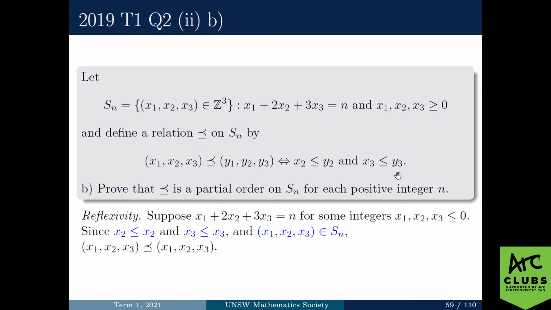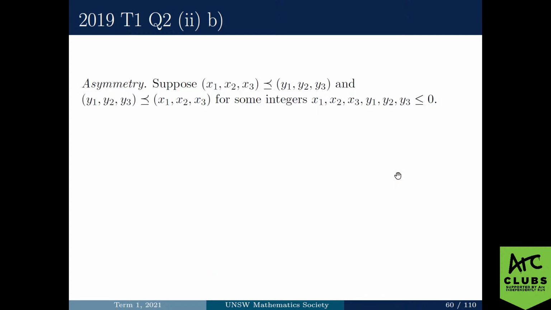Now let's move on to antisymmetry. Does anyone remember how to prove antisymmetry? That's okay, because I remember. In order to prove antisymmetry, you're trying to prove that if A is related to B and B is related to A, then A must equal B, right?